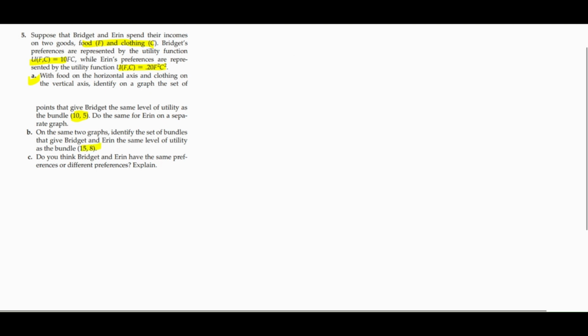Now let me write the utility functions. Bridget's utility function U(F, C) equals 10FC, and Erin has a utility function of food and clothing equal to 0.20 F squared C squared.